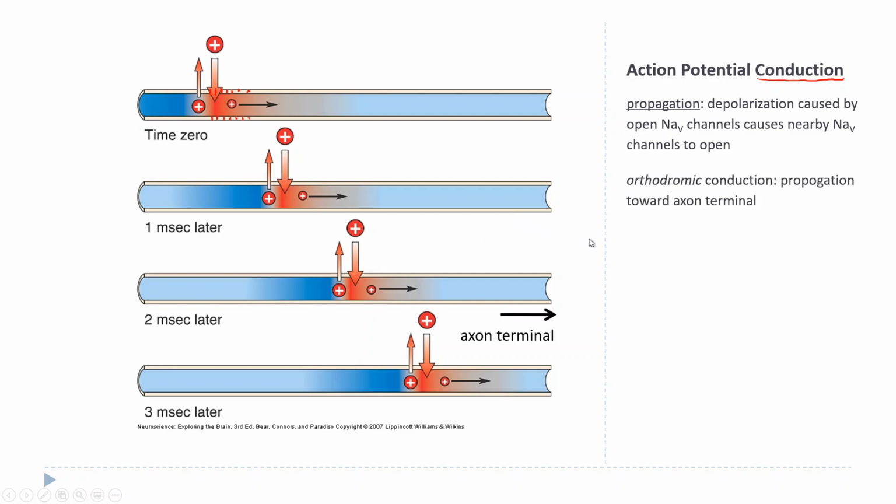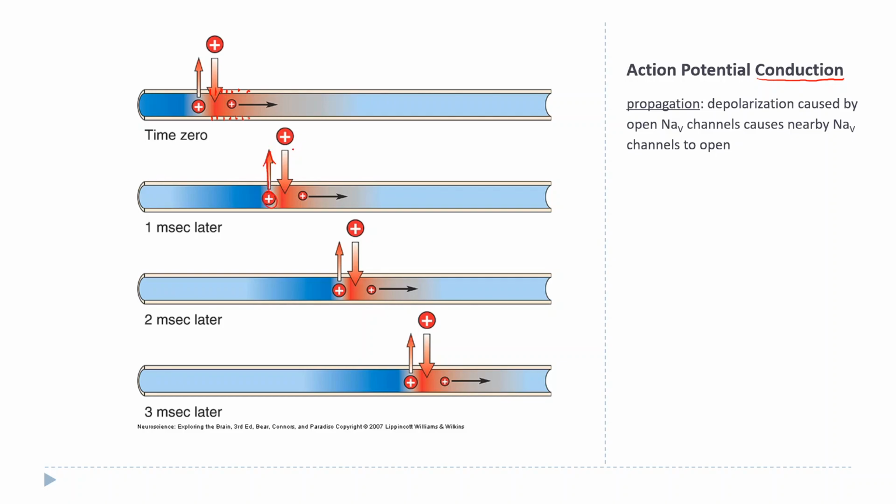Now, the axon itself has no direction to it, so the current travels in both directions, but the action potential actually only travels in one direction. The reason that the action potential does not reverse at any point, doesn't stop and go backwards, is because behind the action potential you have this outward potassium current.